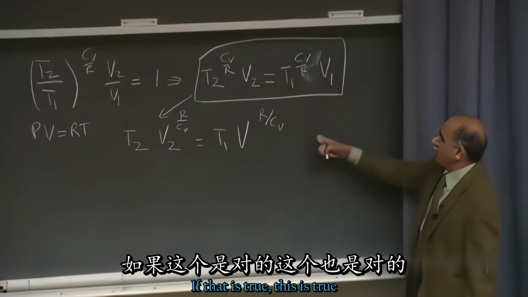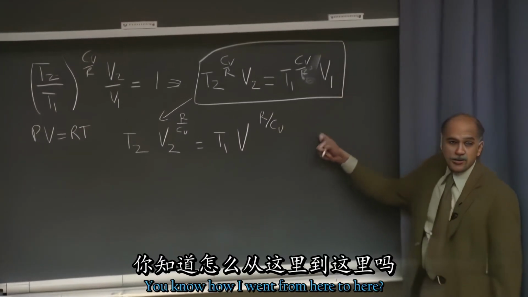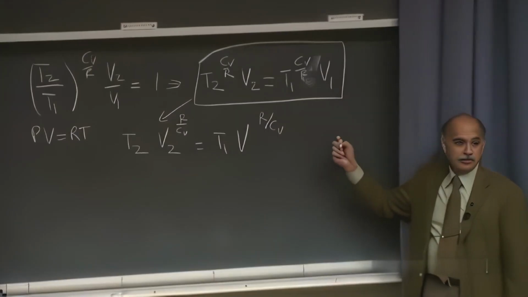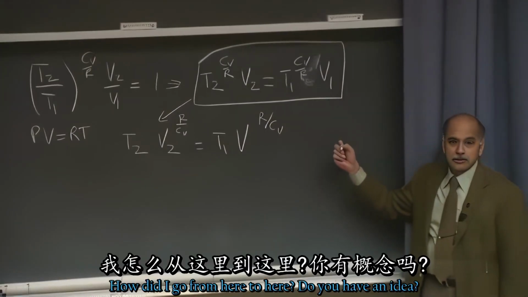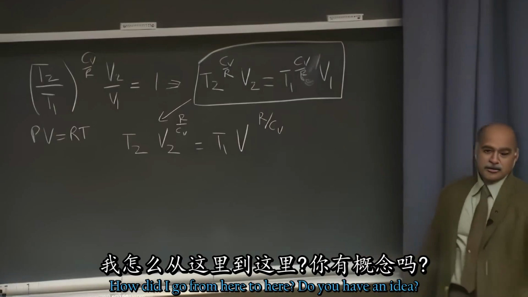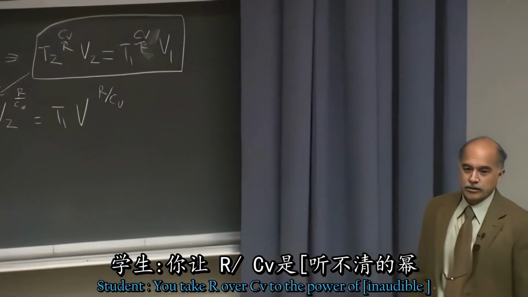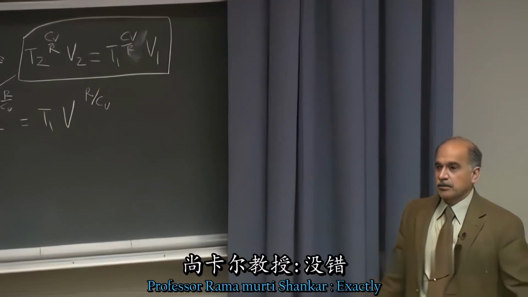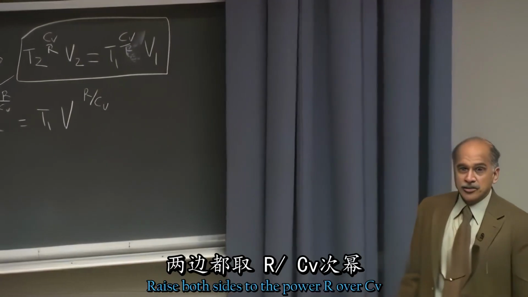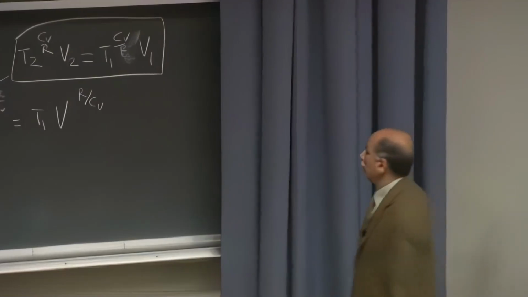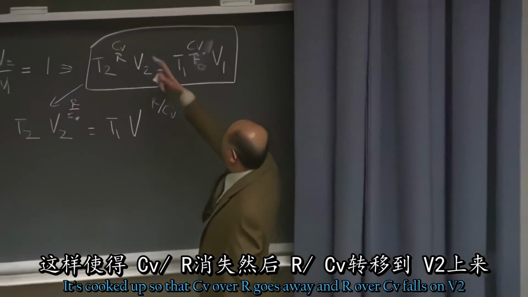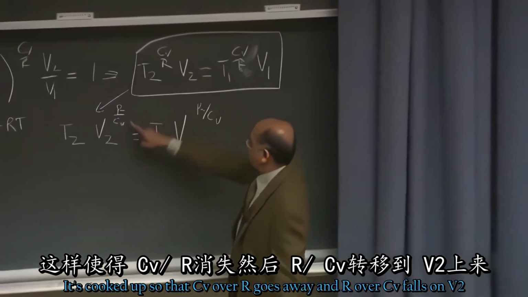If that is true, this is true. How did I go from here to here? You raise both sides to the power R over CV. It's cooked up so that CV over R goes away and the R over CV falls on V2.